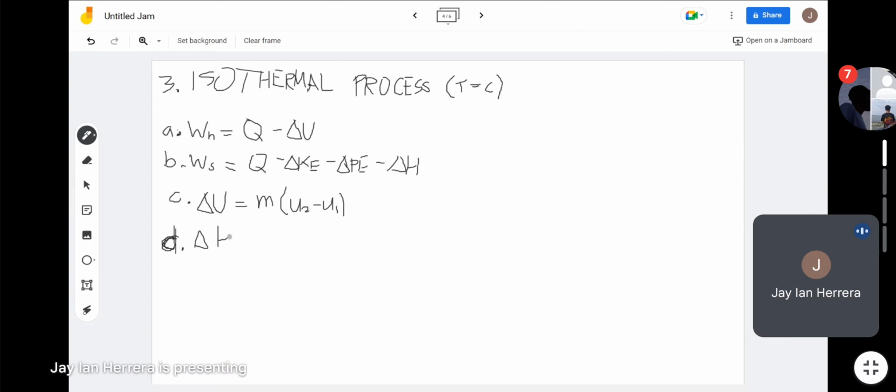So next is our change in enthalpy. So still mass times the enthalpy 2 minus enthalpy 1. Letter E is our heat transferred.